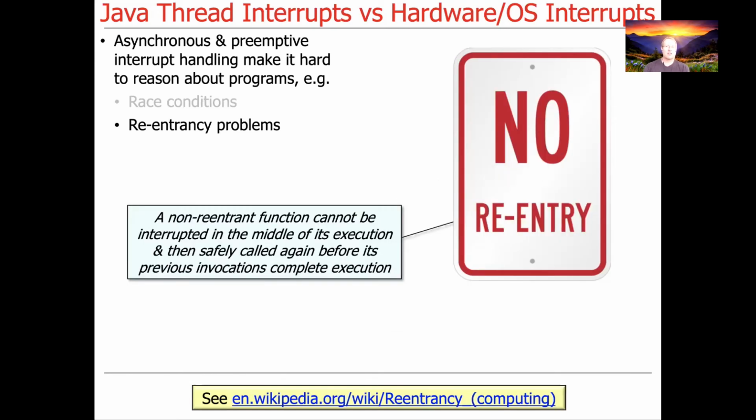A good example of this would be memory allocation. If you're running a program that's doing memory allocation and an asynchronous preemptive interrupt occurs, then if in the interrupt handler you do something else that requires dynamic memory allocation, like call free, new, delete, or malloc, that can corrupt the data structure that was being worked on before the interrupt occurred.